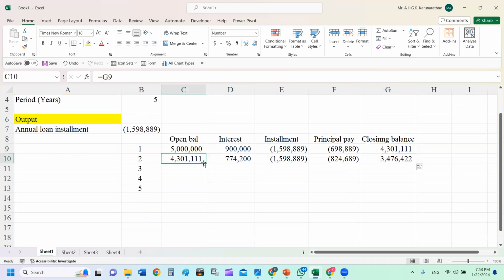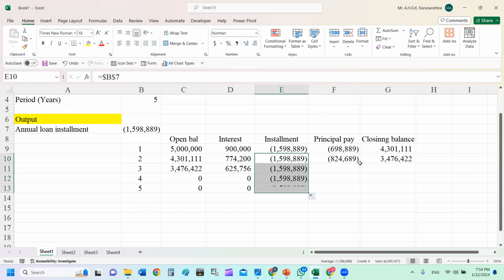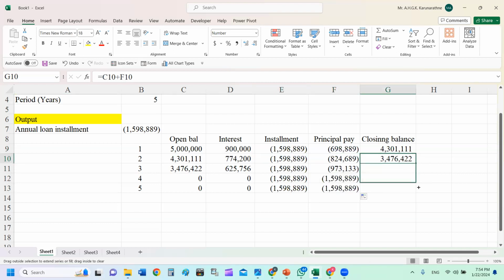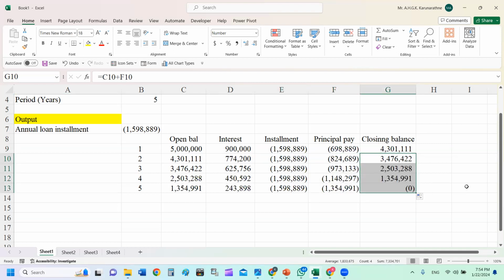Then you can copy this and drag these formulas, and at the end of the fifth year your loan balance should become zero like this. You can see the loan is fully settled. So this is what we call a loan repayment schedule.